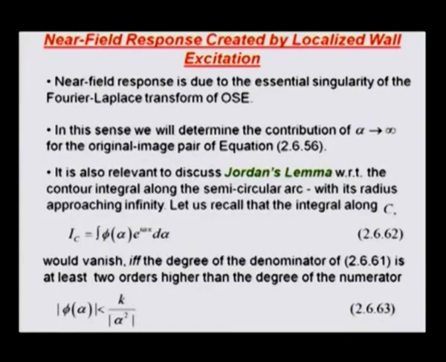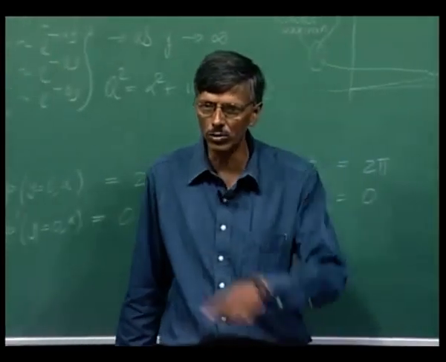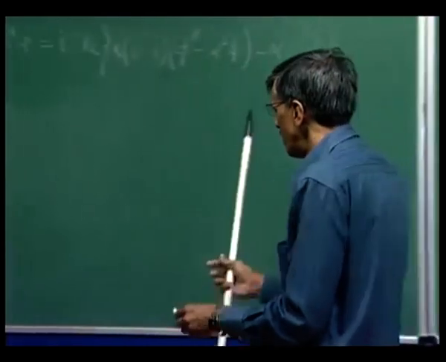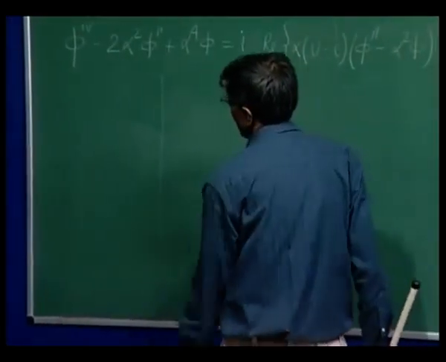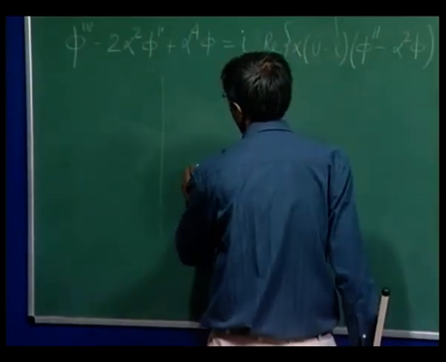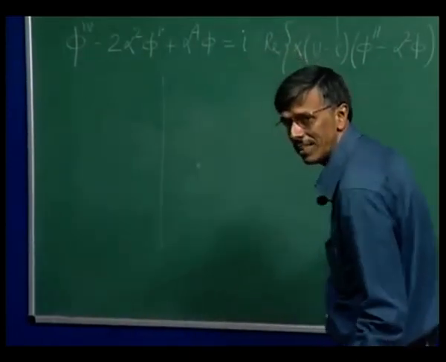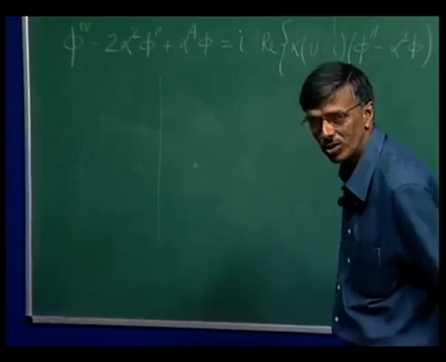So, that is what we say, the original image pair we should know. Now, if you recall, when we were discussing the Cauchy integral and the properties of the eigenvalues, what did we see? We used Cauchy's integral formula and we indented the contour around those eigenvalues and closed it. However, what you also did, suppose I have an eigenvalue here, then I said that I will go along the Bromwich contour.